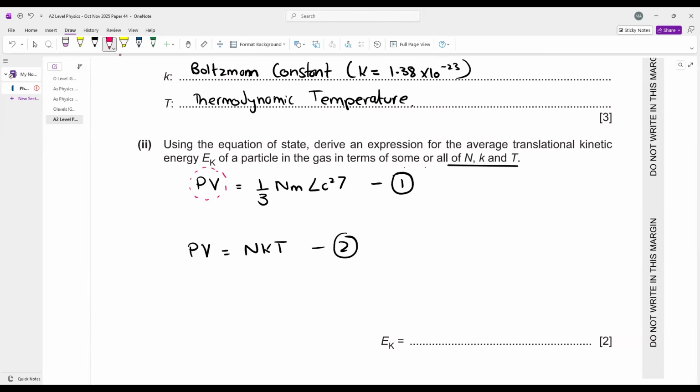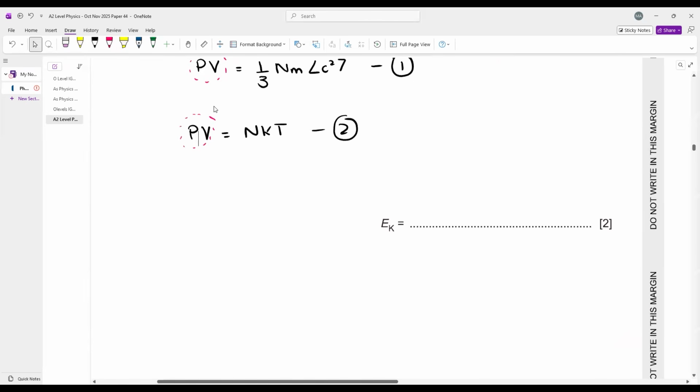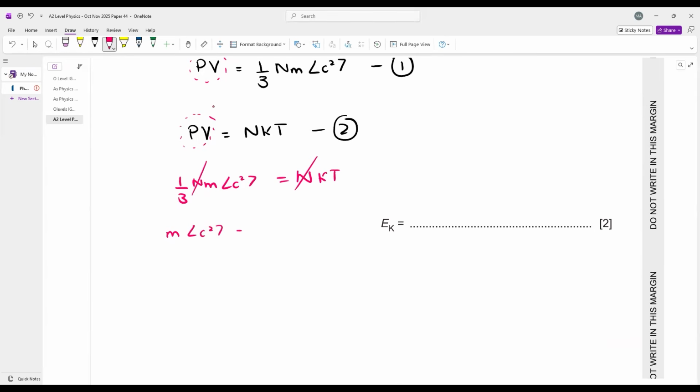Here PV is equal to 1/3 N m c square, and here PV is equal to NkT. Equate both of them: 1/3 N m c square equals NkT. Cancel N, cancel. m c square is equal to 3kT.